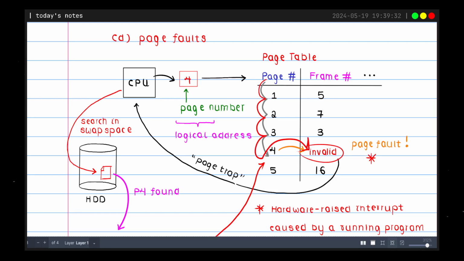This means that the page exists in the logical memory, the application needs this page, but it has not been mapped to the physical memory. It's there, but it's not there in the physical RAM. That means that it must be somewhere else, and that somewhere else is the hard disk drive.